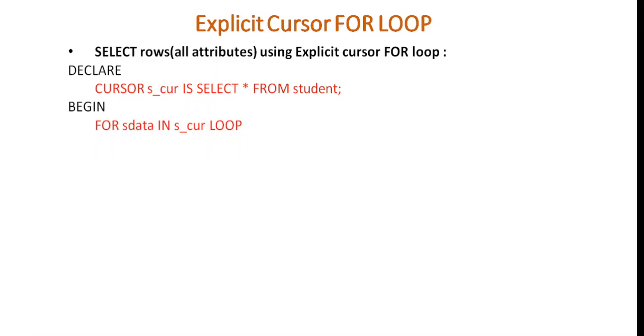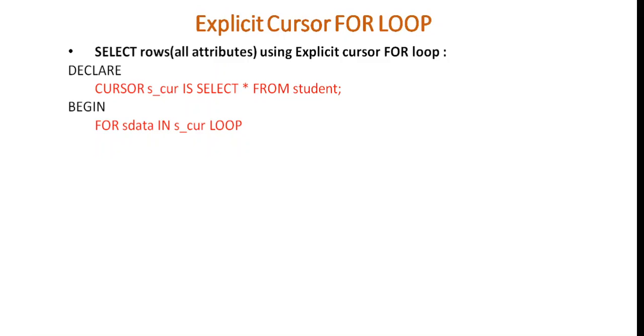Now here in the for loop there is no need to declare the index variable in the declare section. When we write the name of that index variable along with the for loop, it is itself a declaration of that variable. So when we write a statement like for s data in scur, it means we are declaring an index variable with the name s data, and that s data variable is used to fetch rows from the cursor.